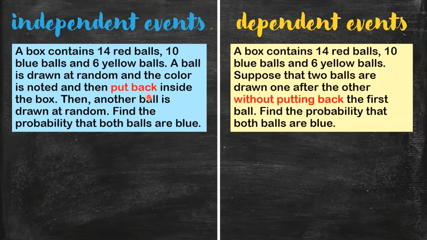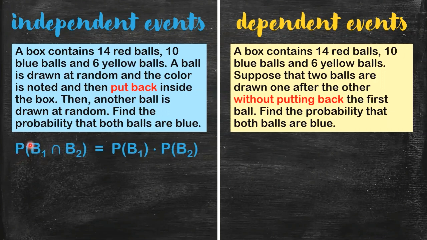How do we get the probability that both balls are blue? Ganito. We get the probability of B sub 1 intersection with B sub 2. B sub 1 is the event of getting a blue ball in the first draw. B sub 2 is the event of getting a blue ball in the second draw.